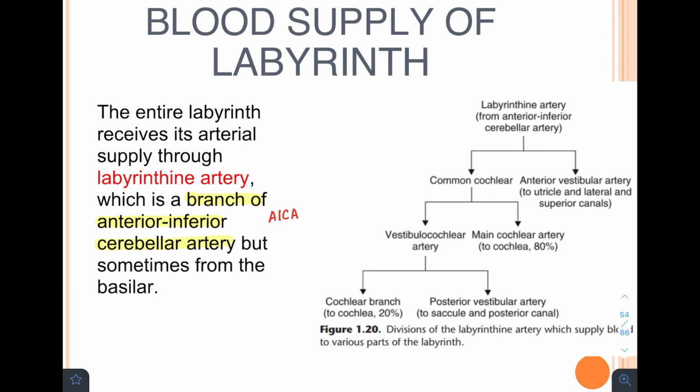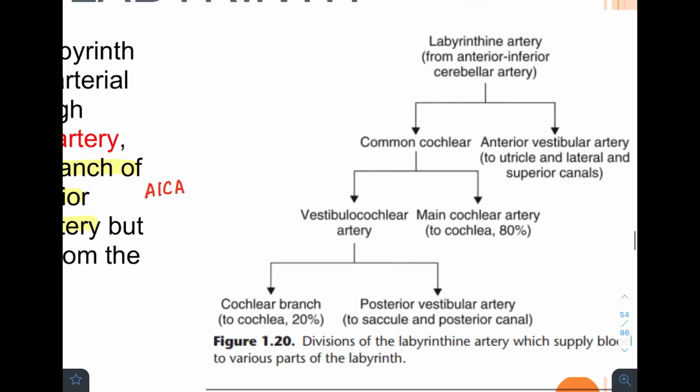So, what are the divisions of the labyrinthine artery? The labyrinthine artery, branching from the anterior inferior cerebellar artery, gives off a common cochlear artery and an anterior vestibular artery. The anterior vestibular artery supplies the utricle and the lateral and superior semicircular canals, whereas the common cochlear artery divides into a main cochlear artery and a vestibulocochlear artery.